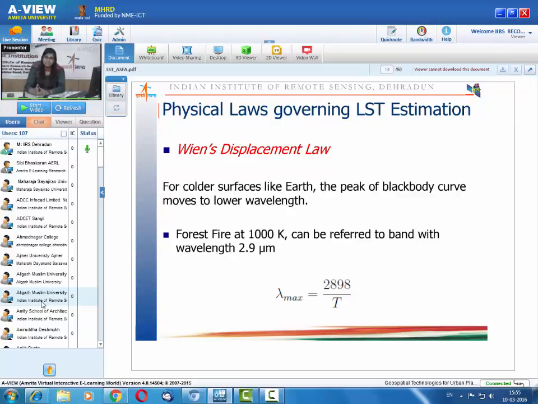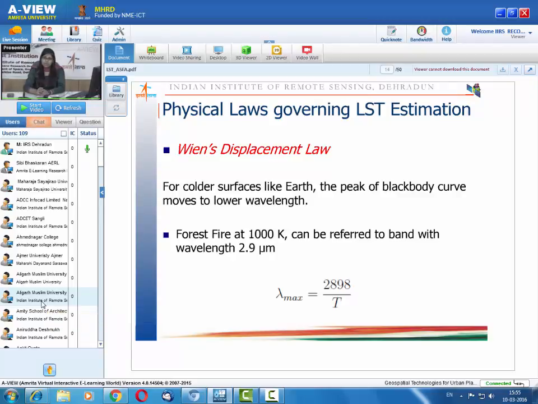For hotter areas, the wavelength will be lower. Where Wien's displacement law can be useful is, suppose there is a forest fire of approximately 1000 Kelvin. You will know that you have to refer to a band with a wavelength of, in this case, 2.9 micrometer.